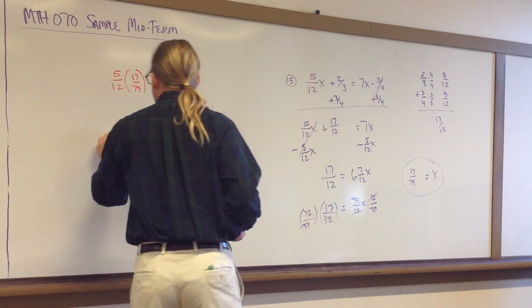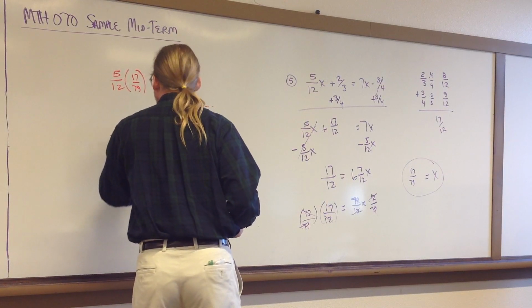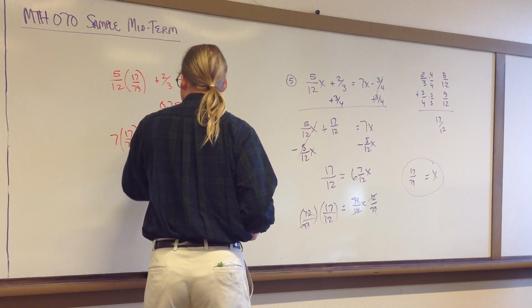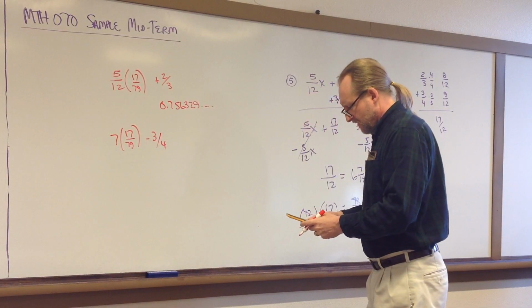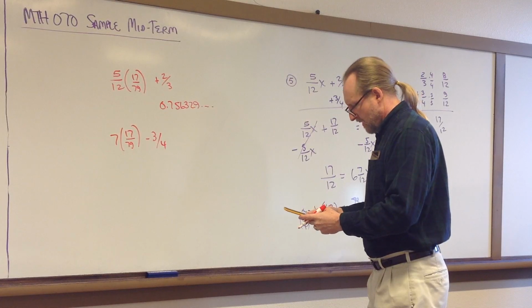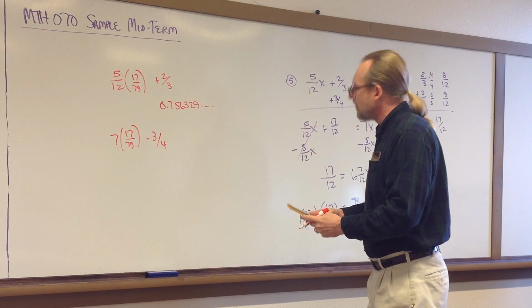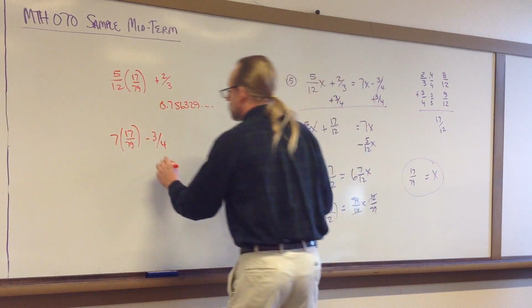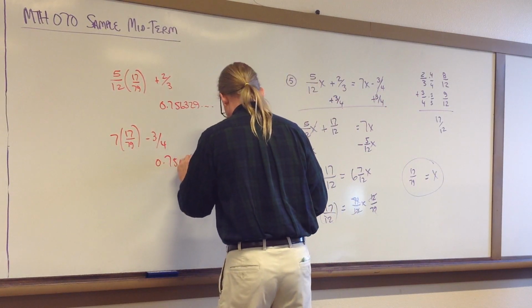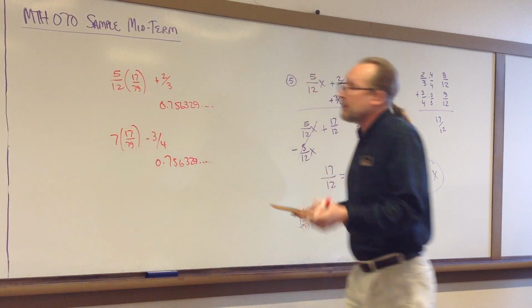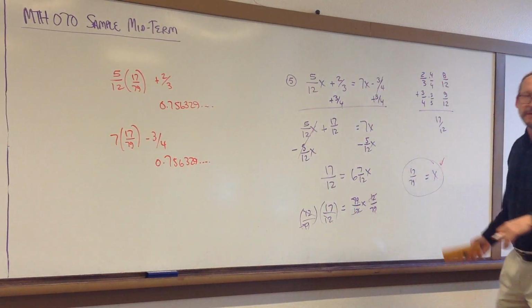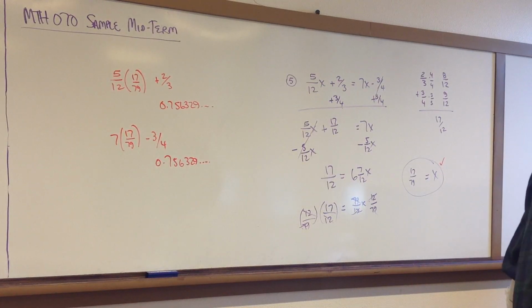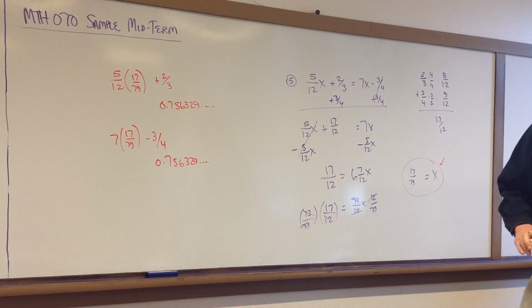Now the other side is going to be 7 times 17 over 79 minus 3/4. Yep, same thing, 0.756329. We get the same thing on both sides. That means this answer is right, even though I don't remember setting it up to be that answer. But that's okay. Let's keep going with these.